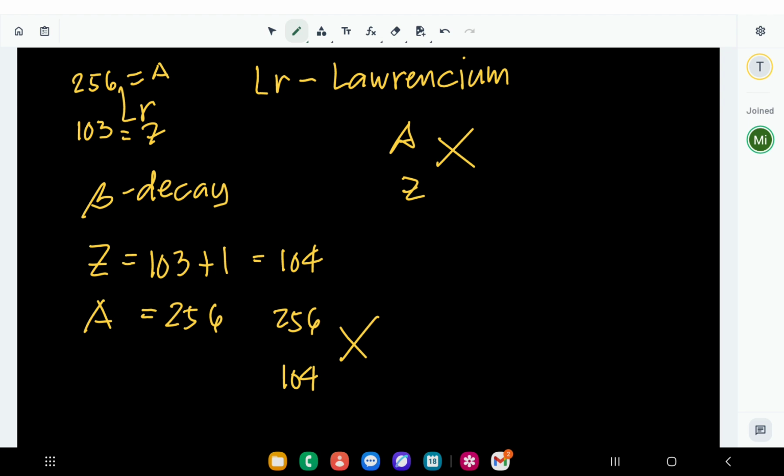It has 104 protons. So the daughter nuclide should be Rutherfordium 256 isotope, so 104, 256.